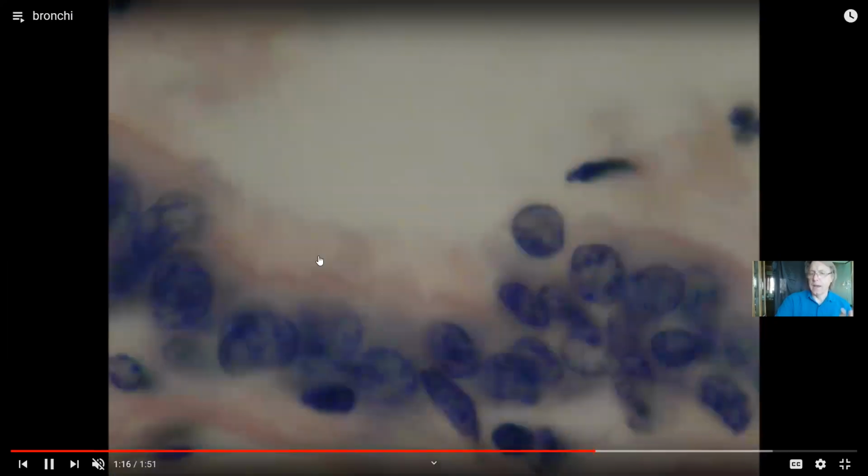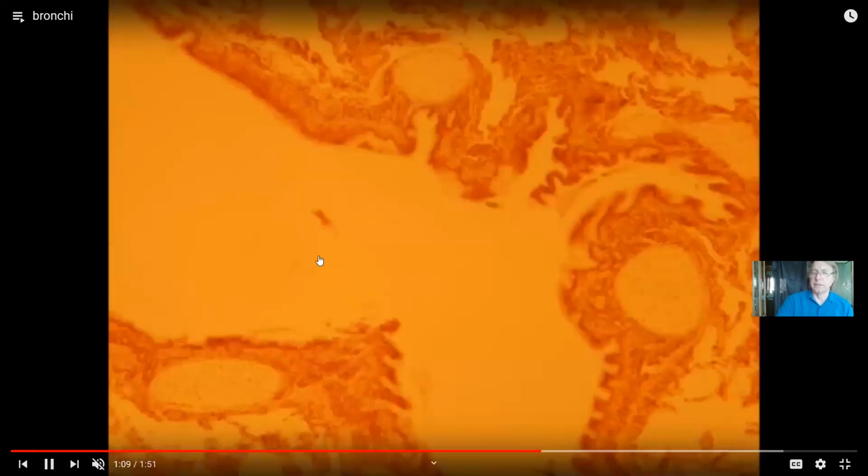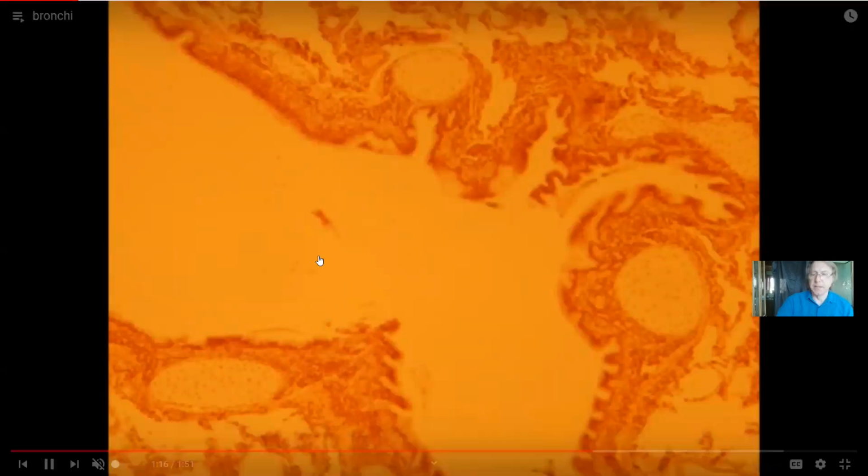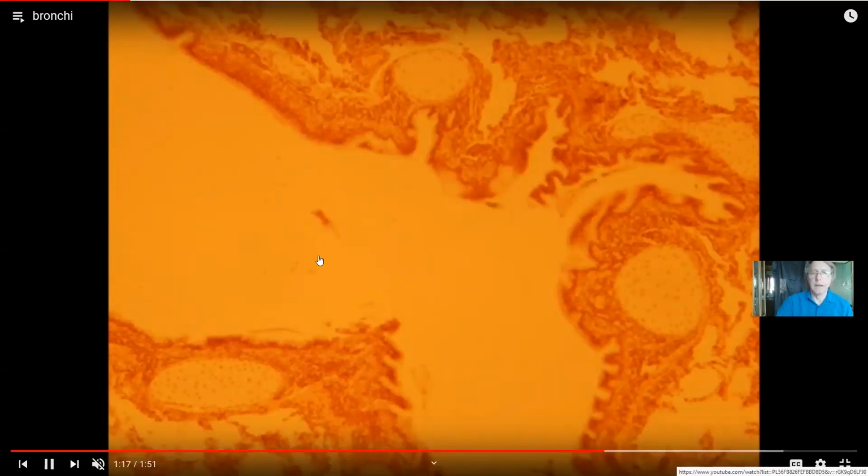And so once again, you can see the ciliated epithelia, even in the bronchi, and then also you can see the patches of cartilage. As we proceed further into the bronchioles, that cartilage then disappears, as do the ciliated epithelia.